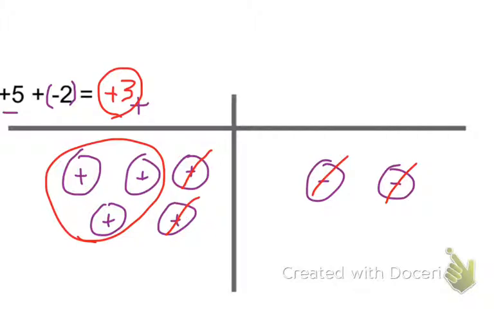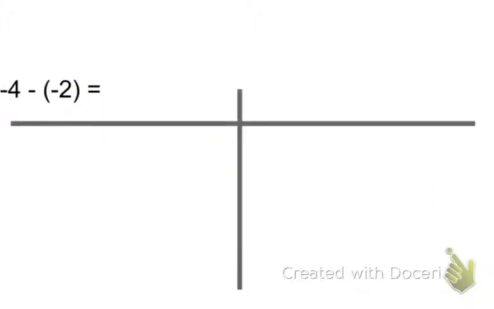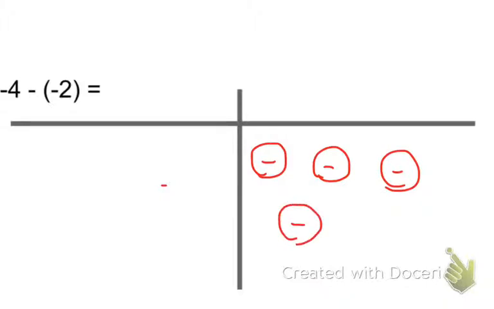Okay? And for negative 4 minus negative 2. Well, now it gets really kind of tricky here, right? If I had 1, 2, 3, 4 negatives, I have 0 positives, what happens?